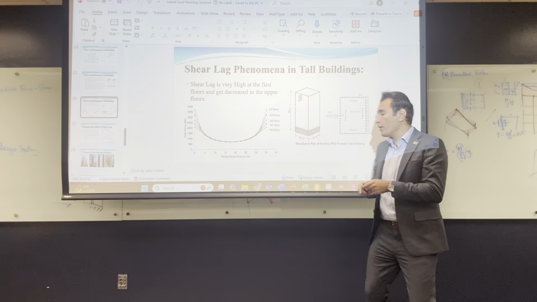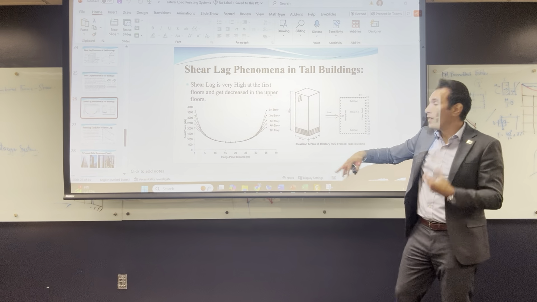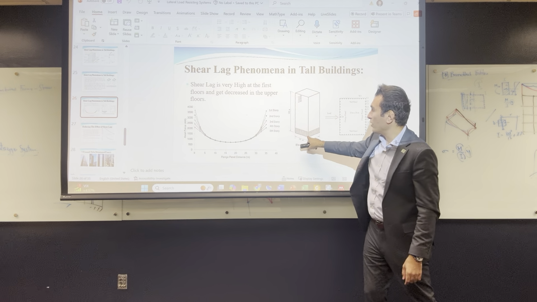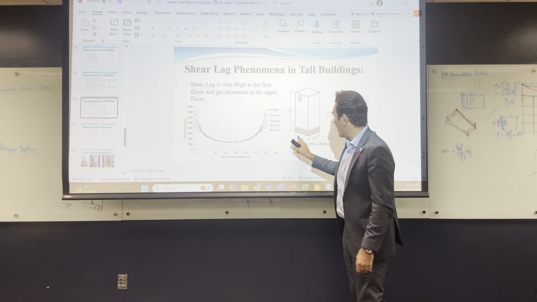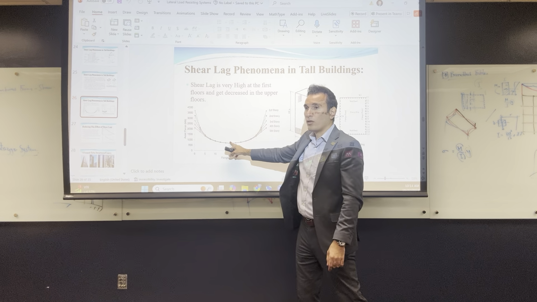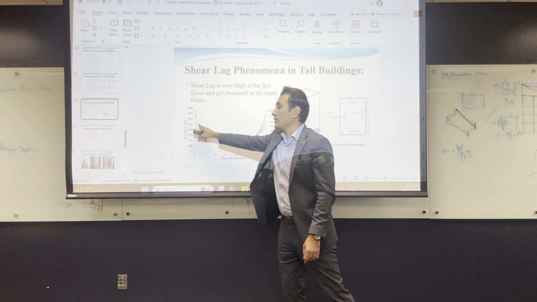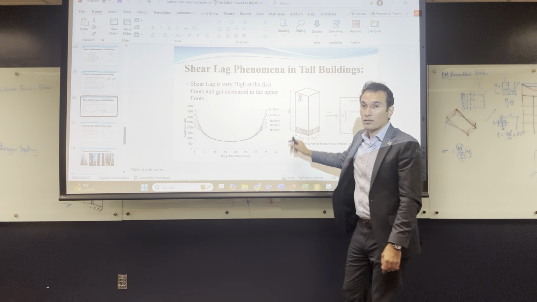So the shear lag is going to be less. Basically, when we draw shear lag, we take a cross section through all the columns at the story that we look at, and we look at the normal force in the columns. If you check the normal force in this column, you'll find it that way. If you check the one after, it's going to be this, until you come to the middle, and you will find that the normal force is that value, and then it's going to go up as soon as you go to the other side.